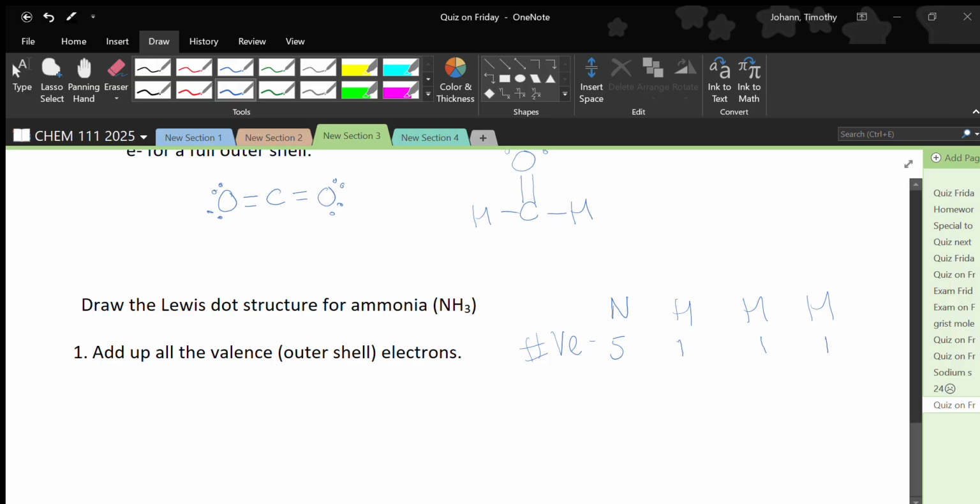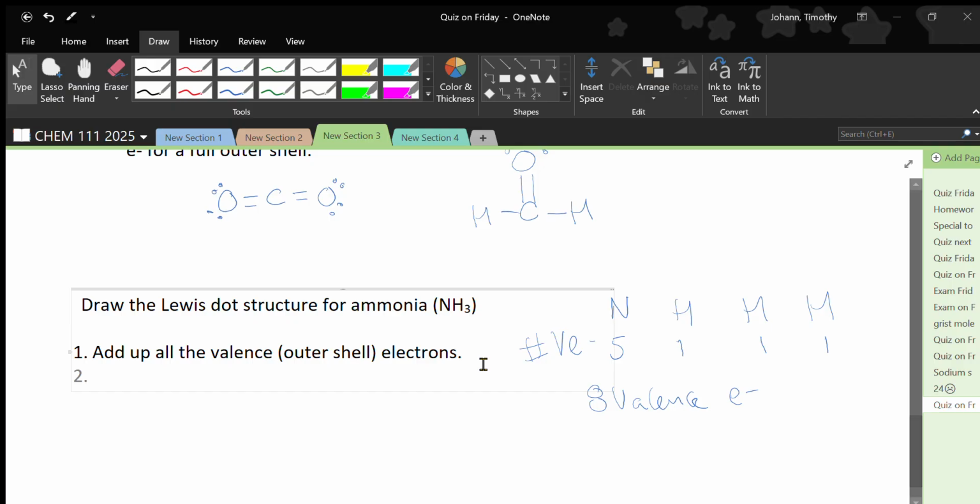All right, 1 for each of these. So we have 8 valence electrons. Okay, great. That's how many we have to play with to make this molecule.